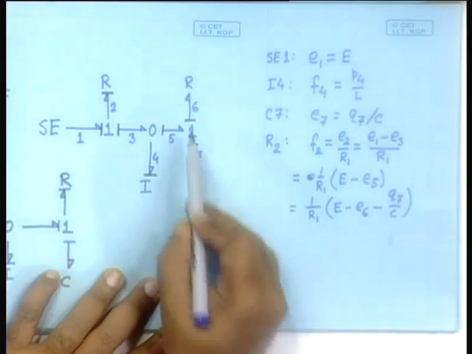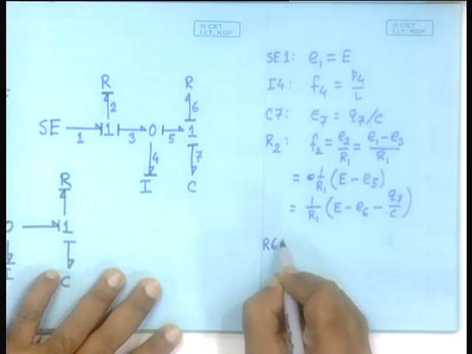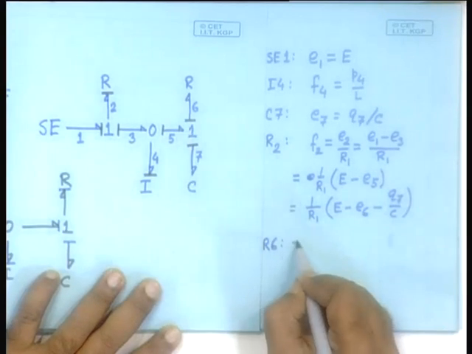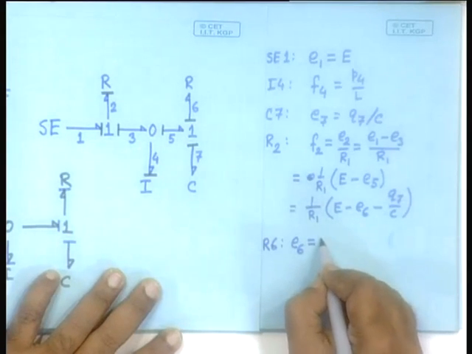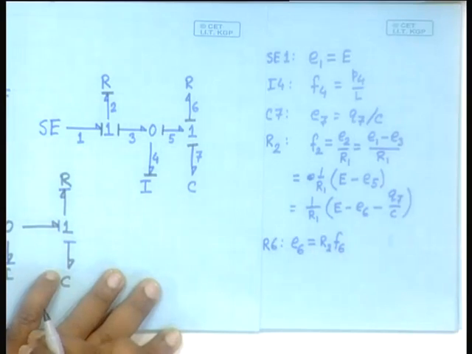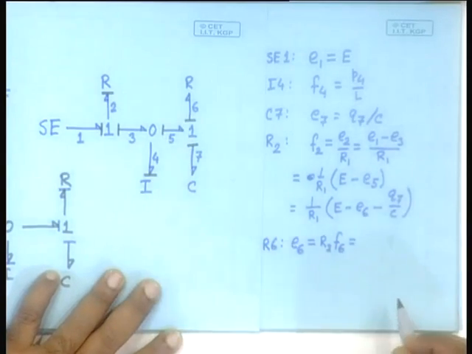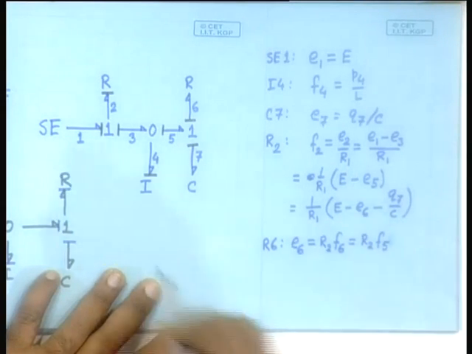Now, let us ask this question to R6. So, R6, what does it give to the system? E6. So, E6 is equal to R2 F6. F6 comes from F5, R2 F5.